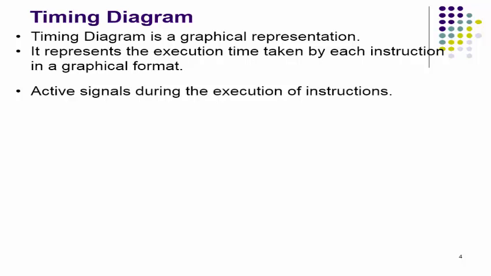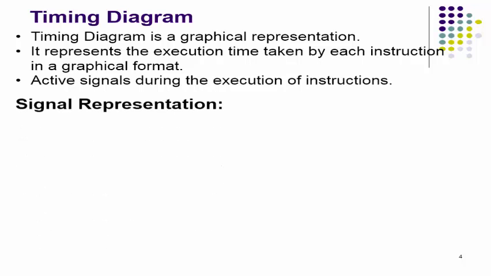It also shows the active signals during the execution of the instruction. Various control signals, address lines, data lines and the status of other signals we can easily identify during execution with the help of the timing diagram.